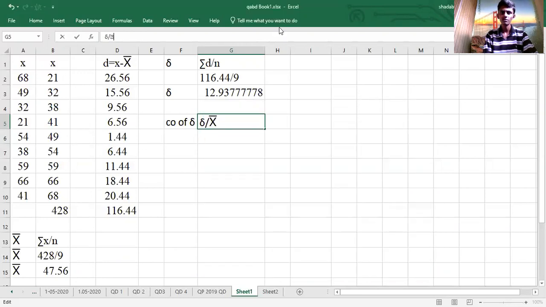This will be the formula for calculating the coefficient of delta.